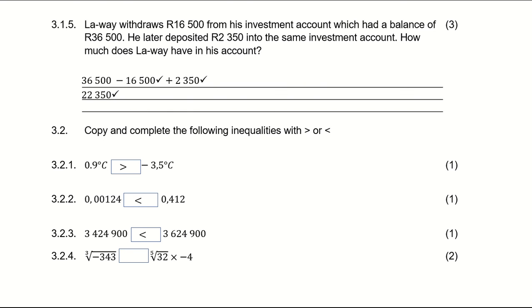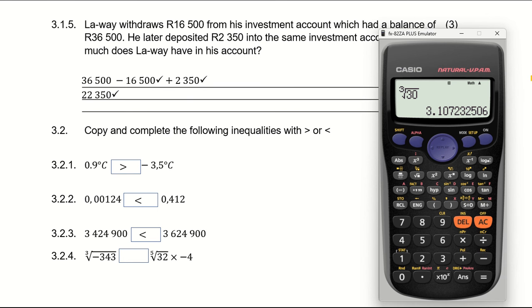What about the cube root of negative 323? What does that give you though? So the cube root of negative 323 will give us negative 7. Perfect.